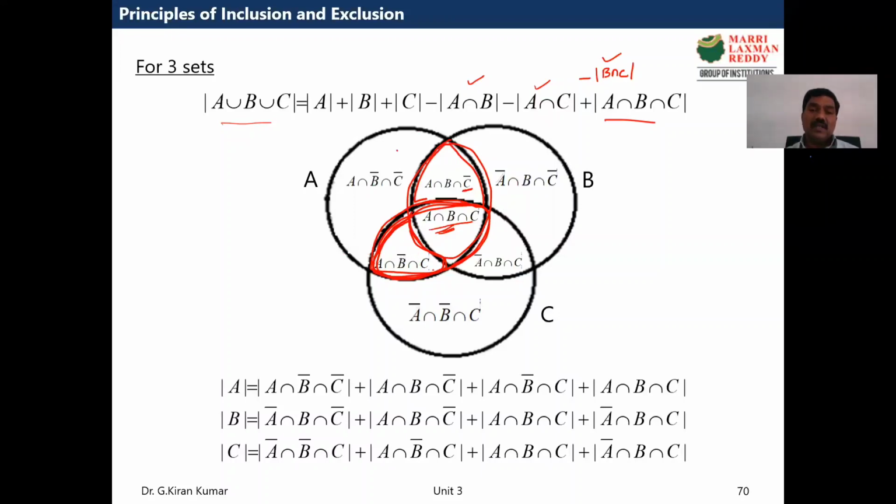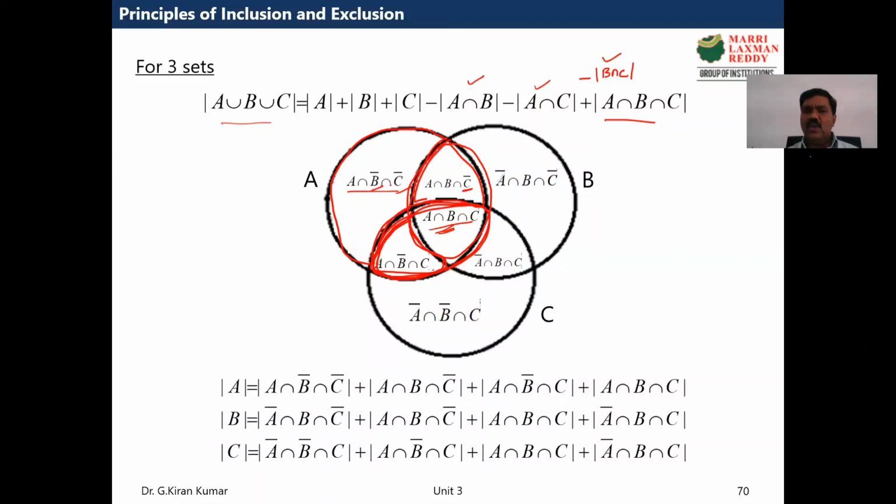Similarly, why is the name for this given as A intersection B complement intersection C complement? Because when you see this particular area, it is A only, but don't include B, don't include C. Am I right?